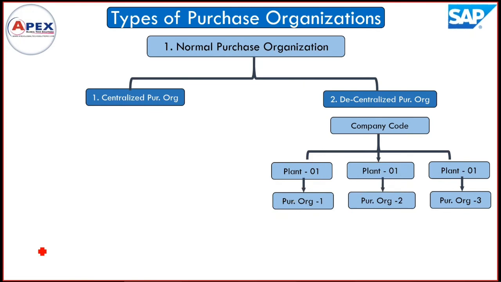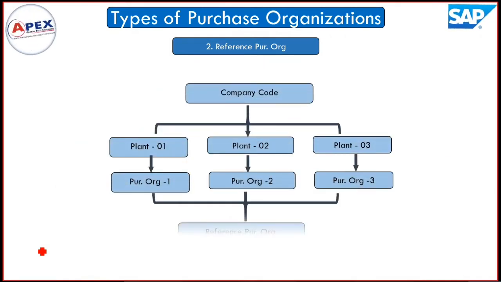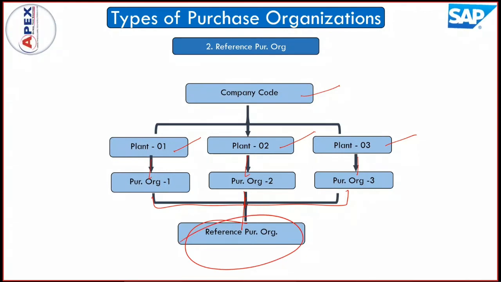Next, we have the second type, a reference purchase organization. In reference purchase organization, we have one company code and three plants. For each plant, there are specific purchase organizations. For all these purchase organizations, we have one more purchase organization, which is called a reference purchase organization.